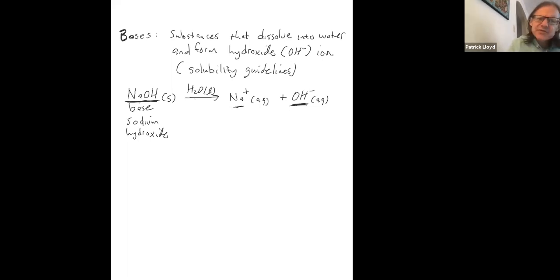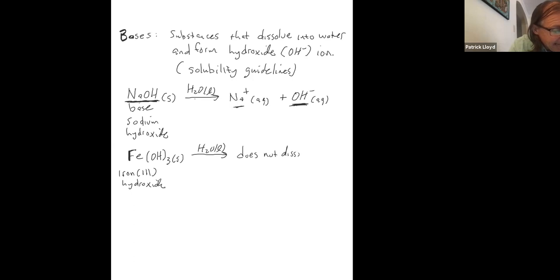I'll make a list of them in a moment, but I want to point out that if the substance cannot dissolve, here's an example: iron 3 hydroxide. It looks like it might be a base too, but the problem is if you put it into water, it does not dissolve according to the solubility guidelines.